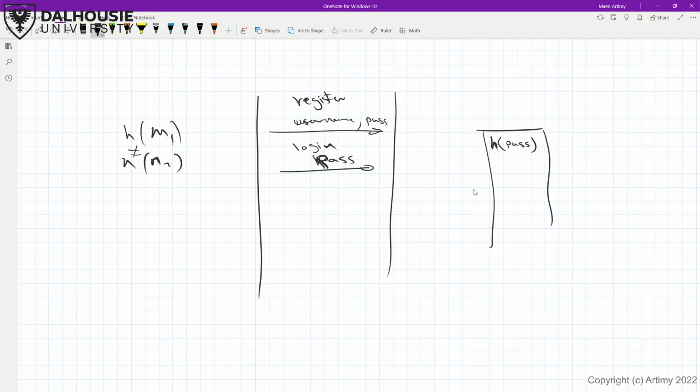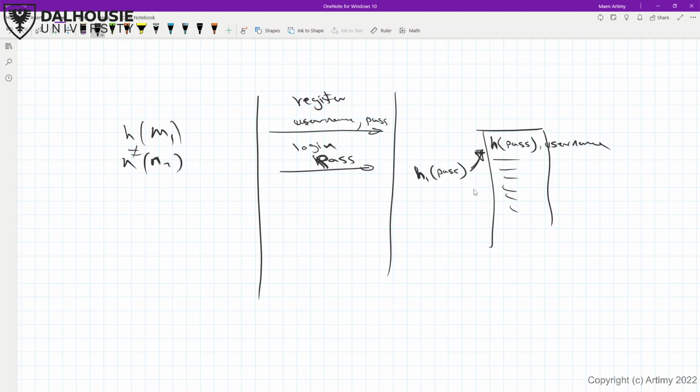It has the hash of it. But they can calculate H1 of the password, and then they compare this with the hash of the user, not all passwords.